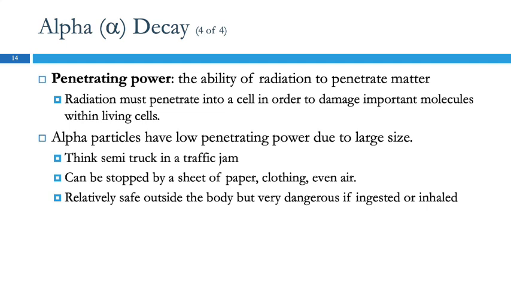Even a gap of air can stop alpha particles. So alpha particles are relatively safe outside of your body because they're not going to get into you, right? Your clothing is going to stop them from reaching most of your skin, and even where one does hit your skin, it's not going to cause much trouble.